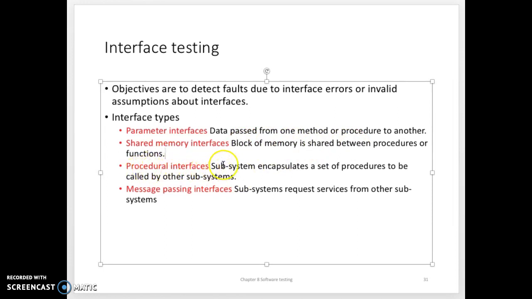Procedural interfaces, which are subsystems encapsulated or infused with other subsystems to create our system. And message passing interfaces. And by the way, interfaces do not refer to graphical user interface.